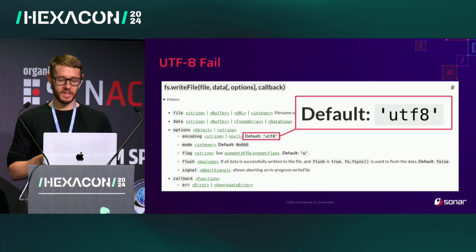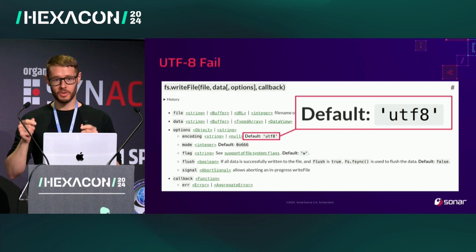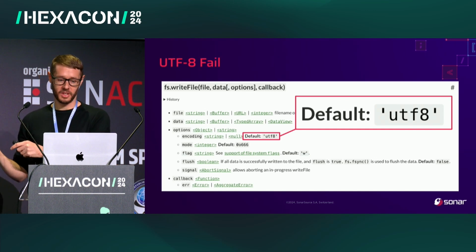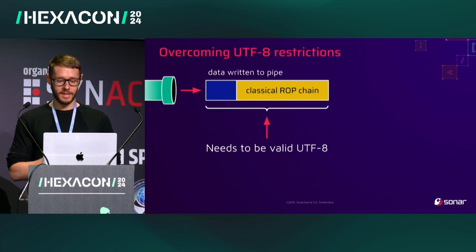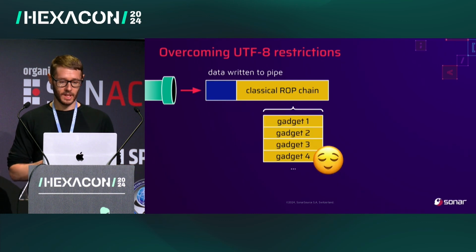Since our payload contains a lot of random bytes, these produce invalid UTF-8 sequences, which were replaced with the replacement characters when writing our payload to the pipe via the file write vulnerability. Of course, that messes up our whole exploit. Okay, so basically everything that we write to the pipe needs to be valid UTF-8. For the ROP chain, this is not much of a problem.